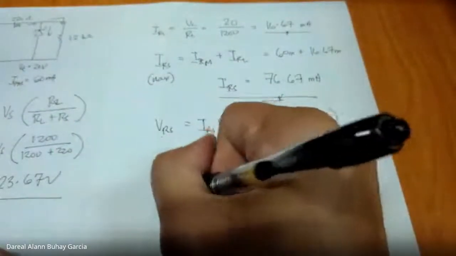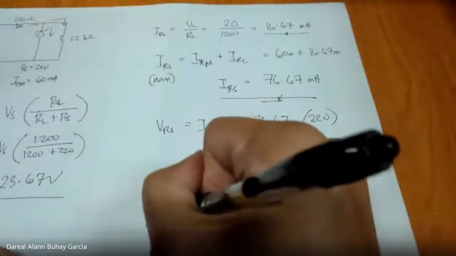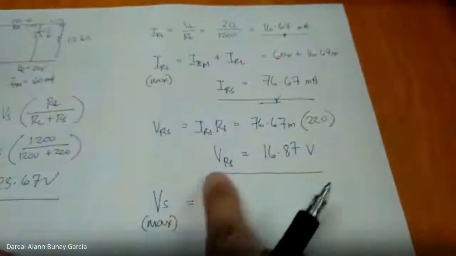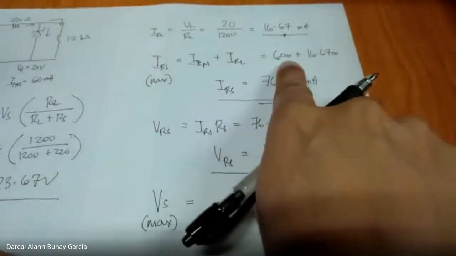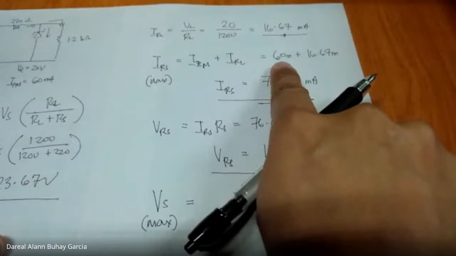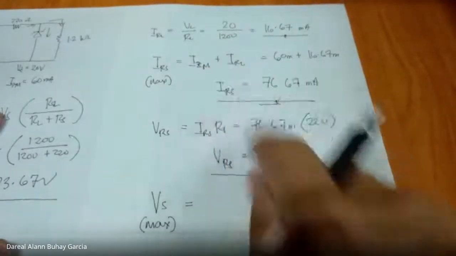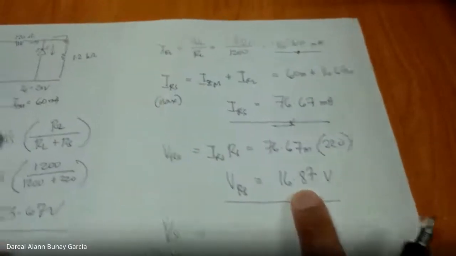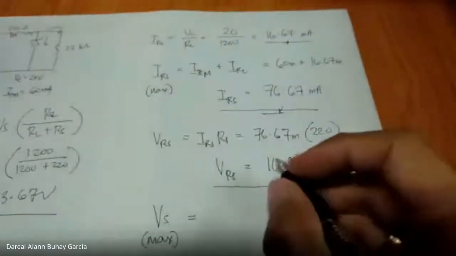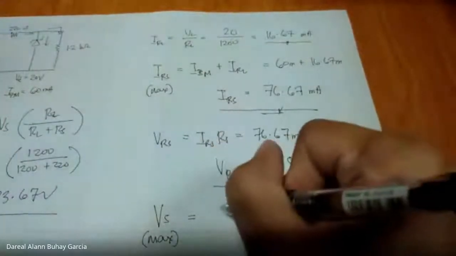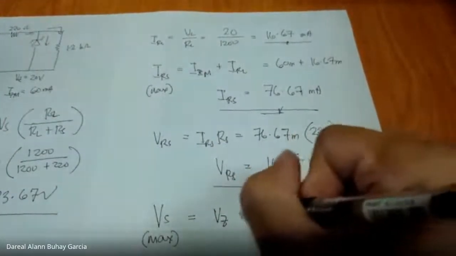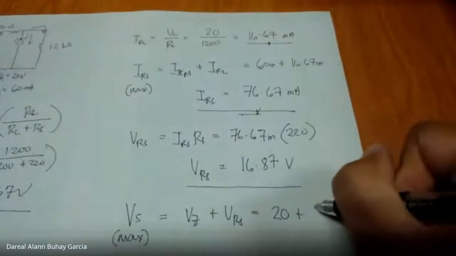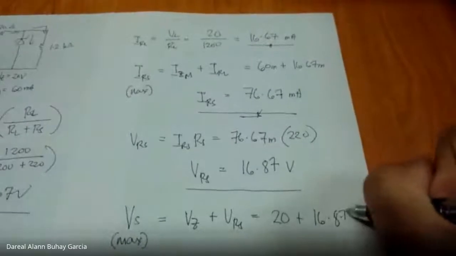Therefore, the maximum voltage source na pwede such that 60 milliamps lang ang mo-flow sa atong Zener diode would be equal to, i-add lang nato ni with 20 volts, voltage sa VZ. So Vs is equal to VZ plus VRS equal to 20 plus 16.87.